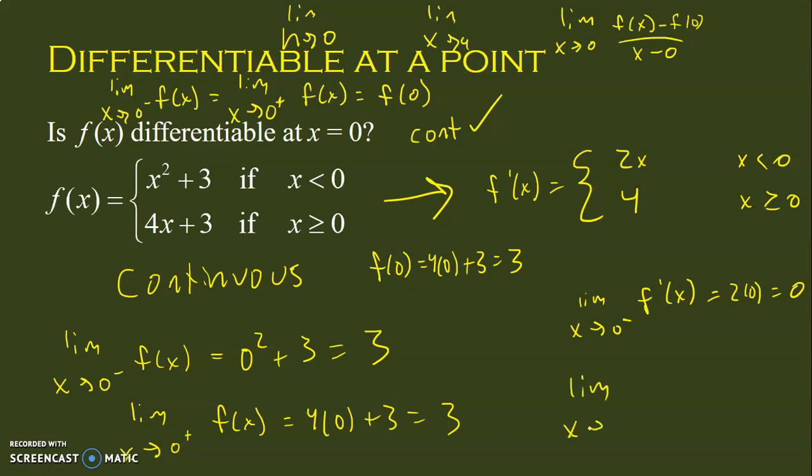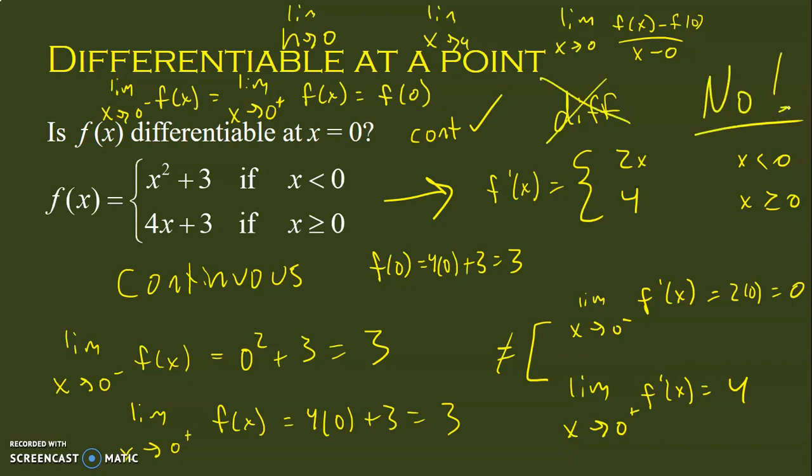The limit as x approaches 0 from the right of f prime of x is 4. 0 is not equal to 4. These two are not equal to each other, so it is not differentiable. So the answer to this question is no.